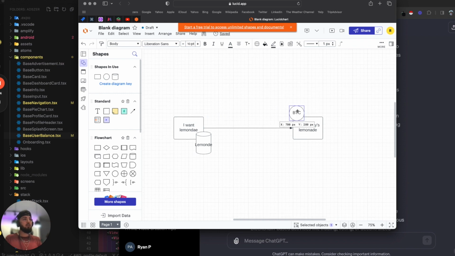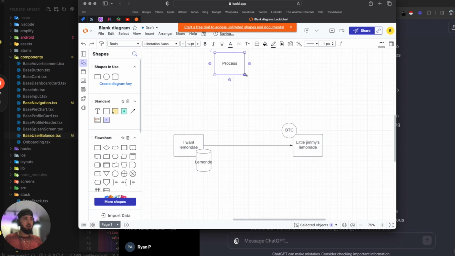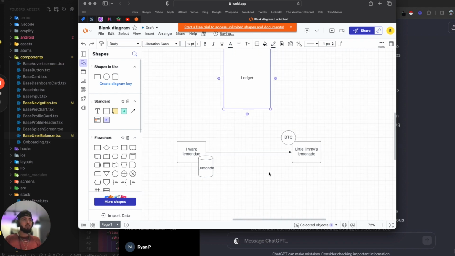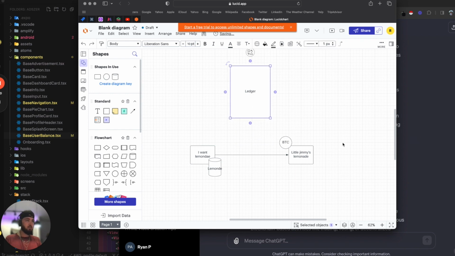We're saying, okay, I send Little Jimmy the Bitcoin, and this is getting written down on a ledger. So the ledger is up here, and think of this almost as the bank, right? And maybe that's not the case, right? But this transaction of me sending the Bitcoin to Little Jimmy, this gets written down into what's a ledger. So Ryan sent Bitcoin, right?